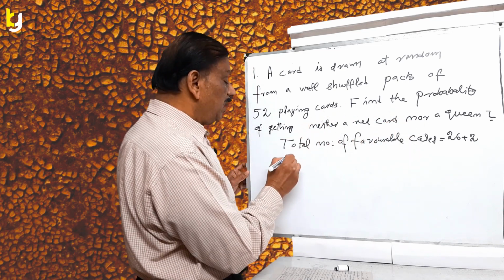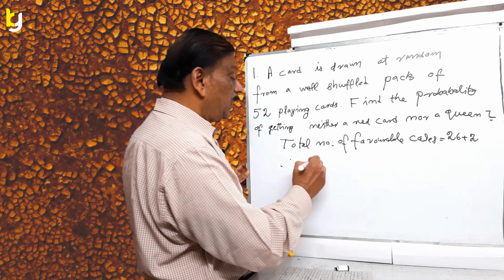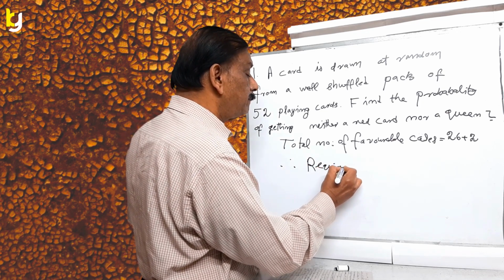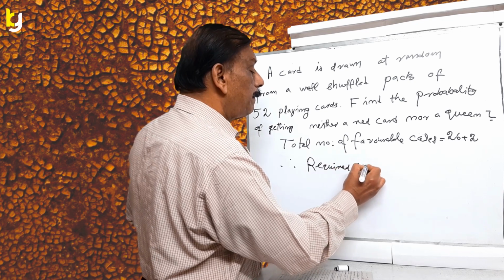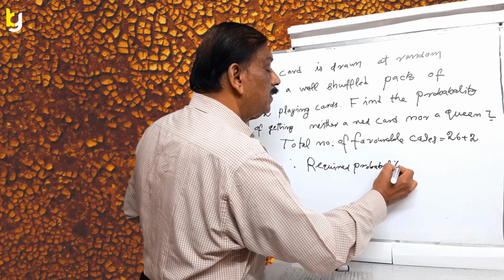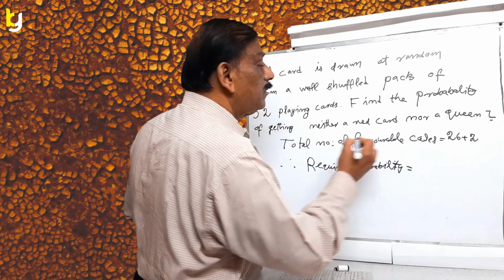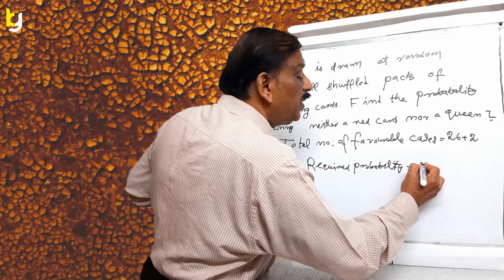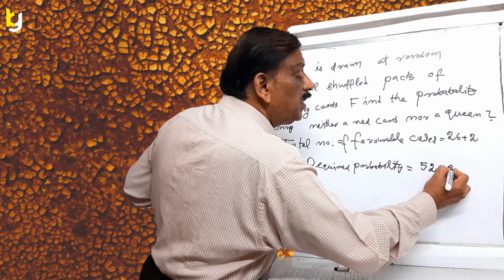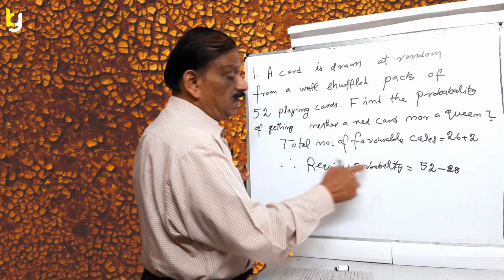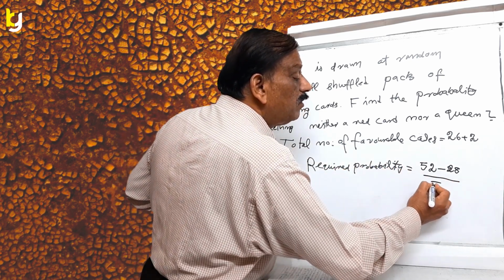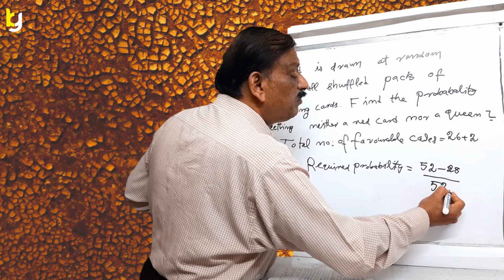Therefore, the required probability equals 52 minus 28, whole divided by the total number of cards, that is 52.